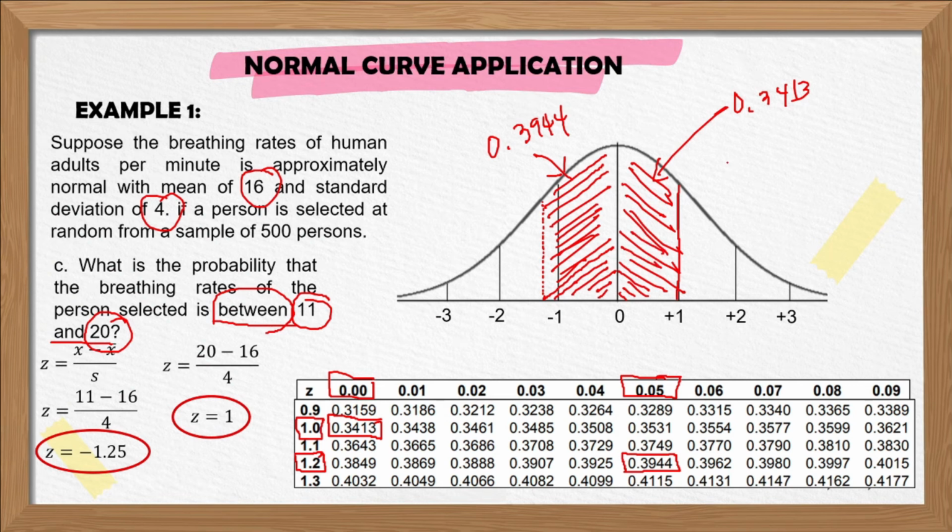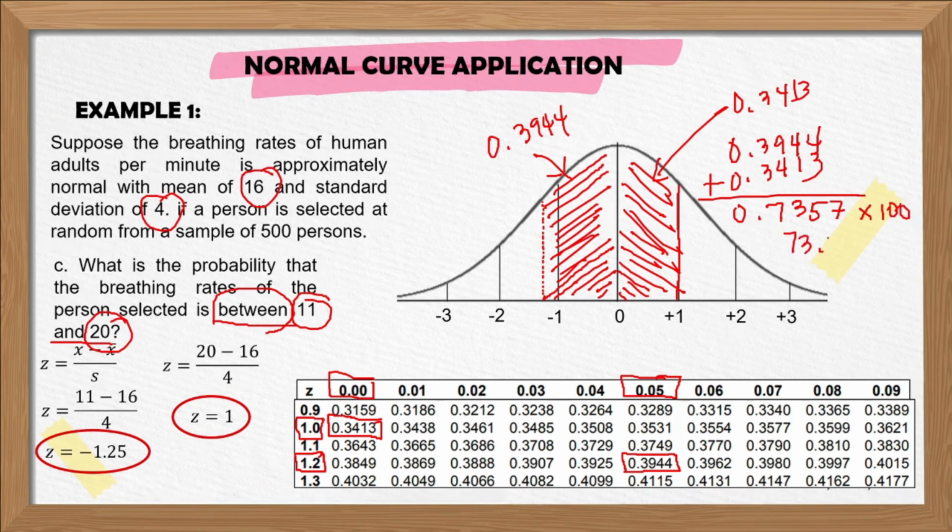So all we have to do is to add the two areas. So 0.3944 plus 0.3413. So the answer is 0.7357. So, dahil ang question ay probability, we have to multiply this to 100. So, the answer is 73.57%. So, that is the probability that the breathing rates of the person selected is between 11 and 20.